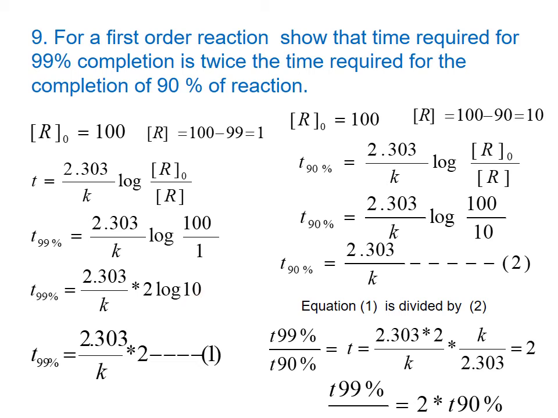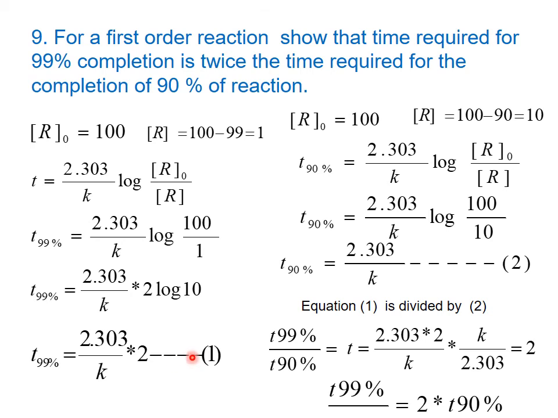So T 99 percentage is equal to 2.303 by k into log 10 into 2, and log 10 is 1. So the time required for 99 percentage completion of reaction is 2.303 by k into 2. Take this one as equation 1.